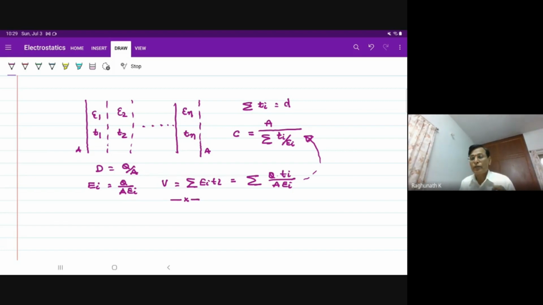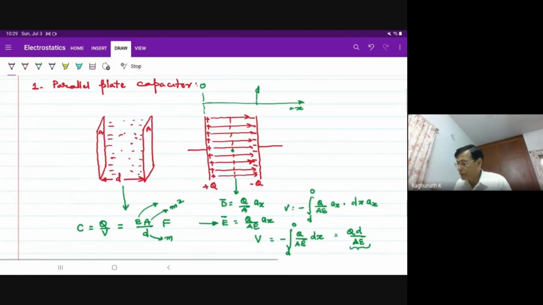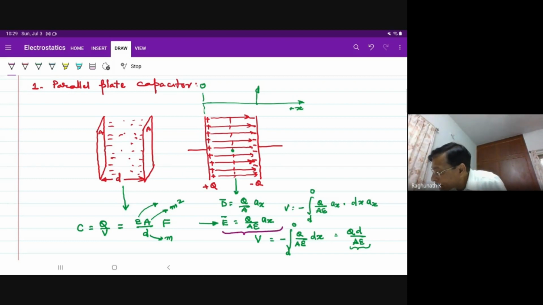Now I spoke about this because we need to know the way in which a parallel plate capacitor depends on its dimensions and the medium. And the first one, the simple parallel plate capacitor, when we were discussing, we came across a point which is extremely important for us when I go to PN junction.